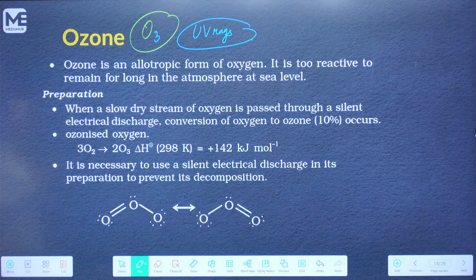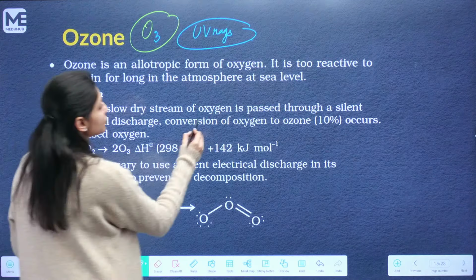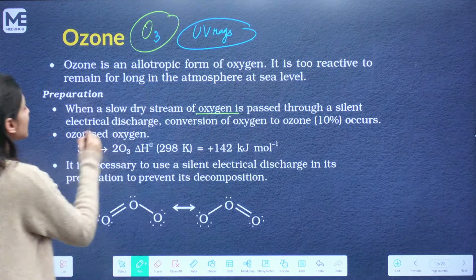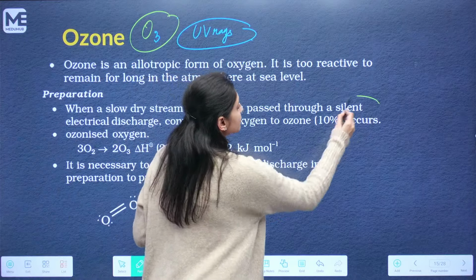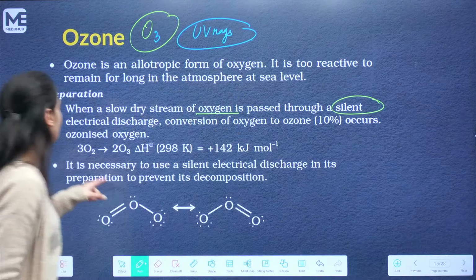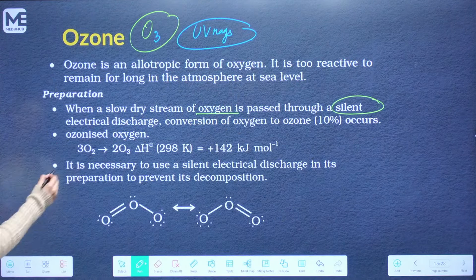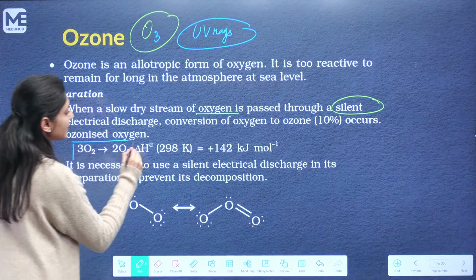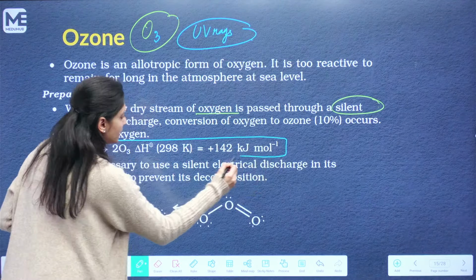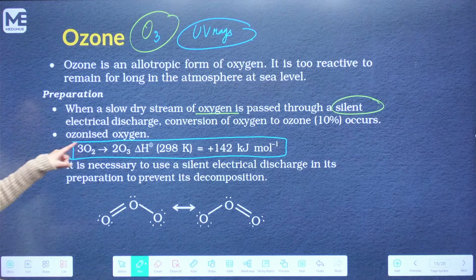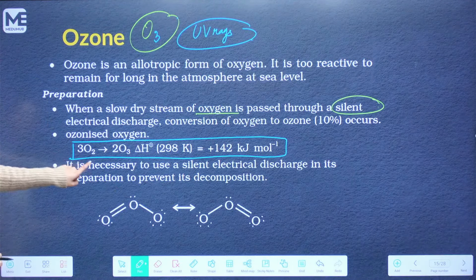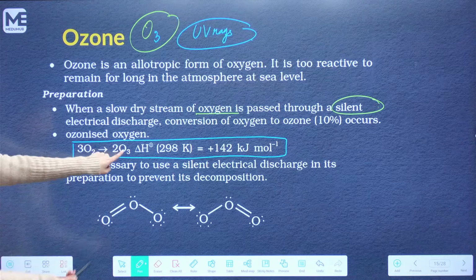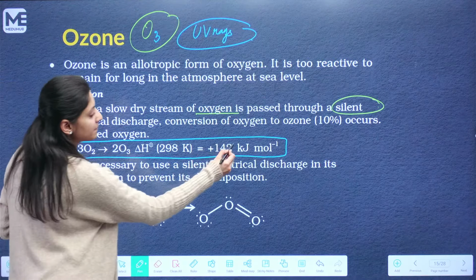If we talk about the preparation, when a slow dry stream of oxygen is passed through a silent electrical discharge, oxygen gets converted to ozone. So here this particular reaction is very important. So what do you see? The reaction of conversion of oxygen to ozone is endothermic.